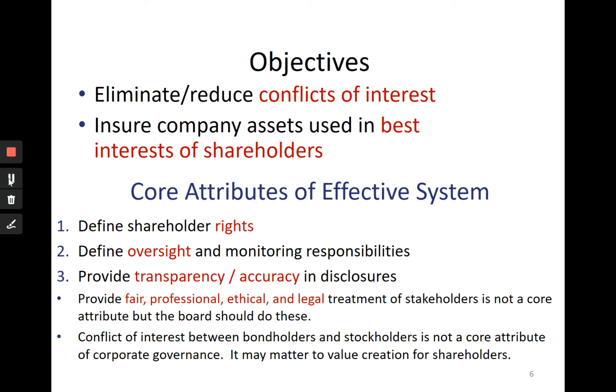Another objective of corporate governance is to make sure that assets are used efficiently and to the best interest of shareholders, not for enjoyment of managers or workers, but for maximizing shareholder wealth, which is an objective of finance, with the assumption that stakeholders could impose constraints that ensure a share of the wealth that is generated for every stakeholder, a fair share.